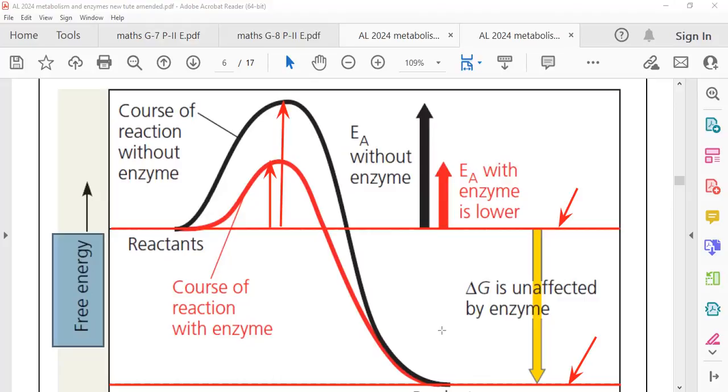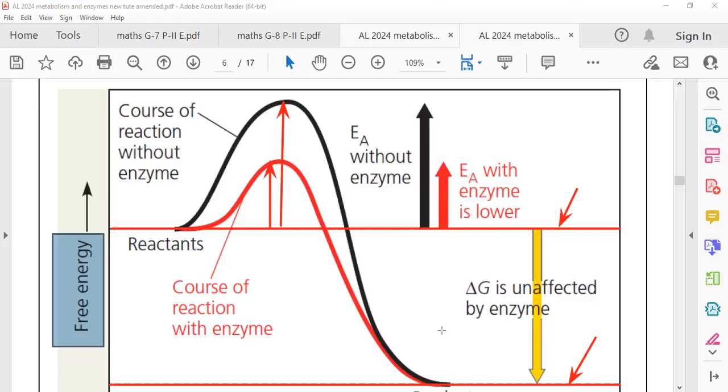Done, sir. Right. So according to this, reactants are in their place, correct?